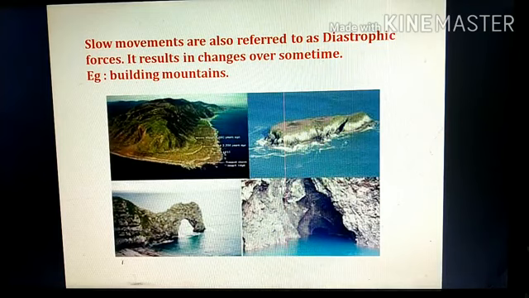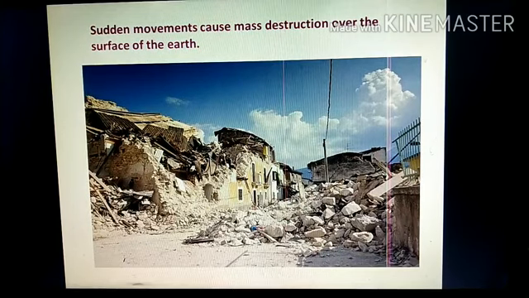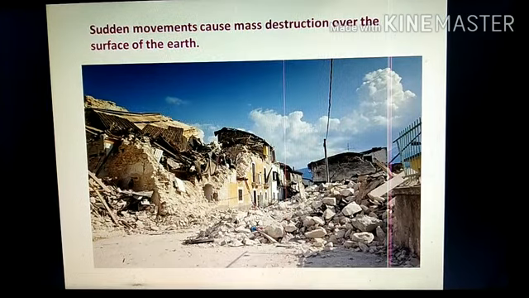It results in changes over some time. For example, building mountains. And at the same time, sudden movements cause mass destruction over the surface of the earth. These are the main features of endogenic forces.